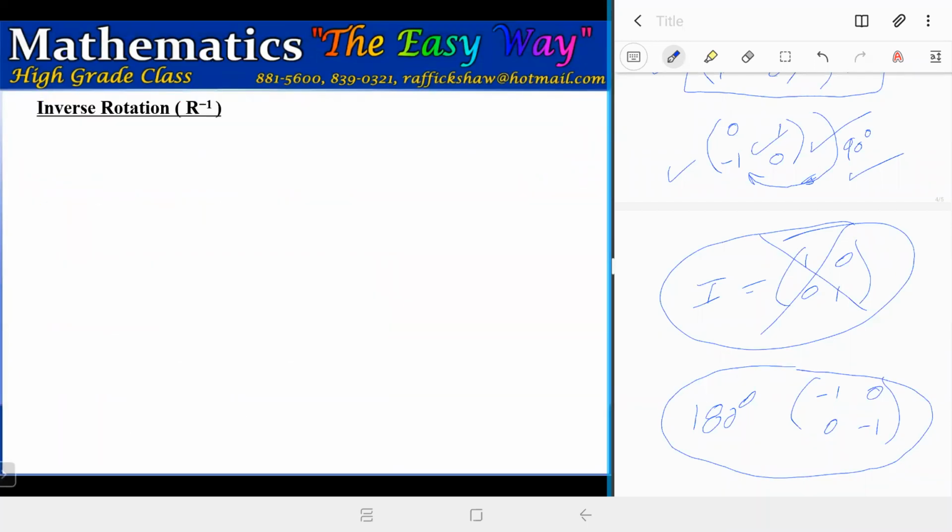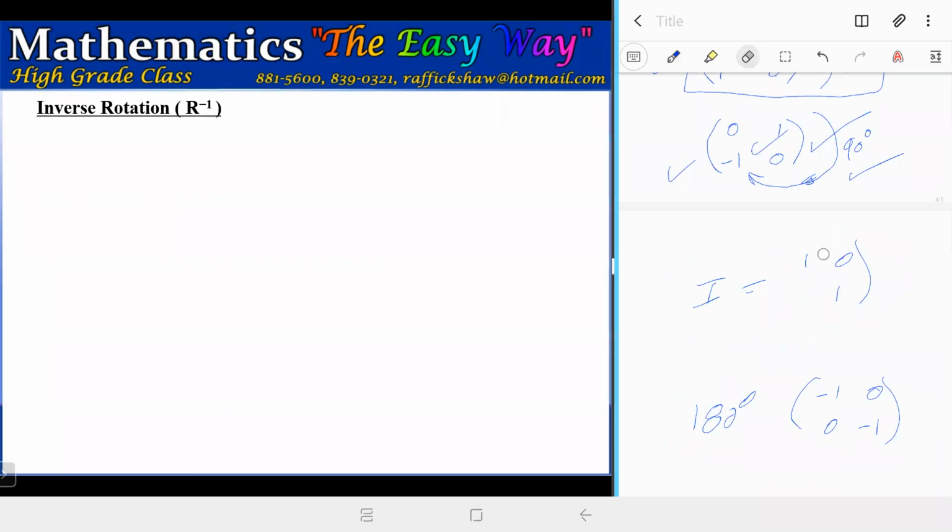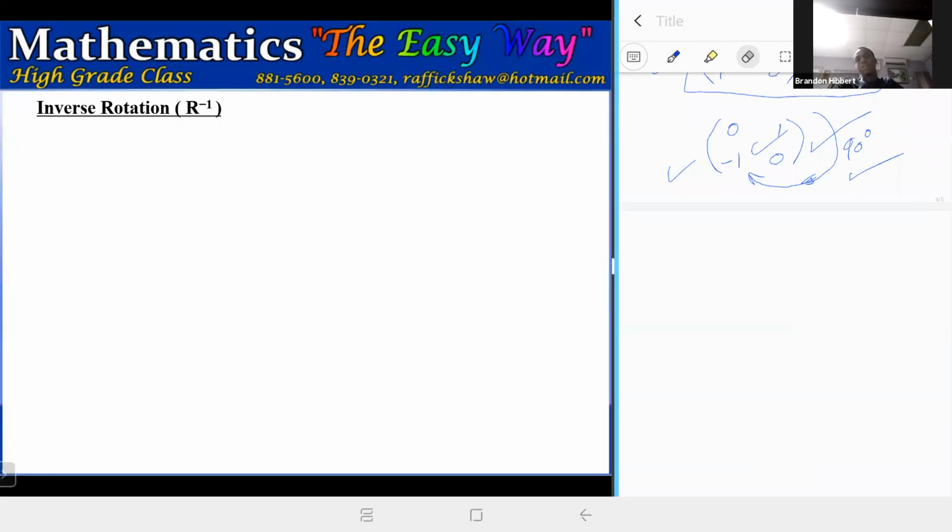All right, so we'll come now to inverse rotation. Common sense. What's the inverse of a clockwise 90-degree rotation? What's the inverse of a 90 degrees clockwise rotation about the origin? Counterclockwise 90 degrees rotation, sir. Exactly, about the same angle.